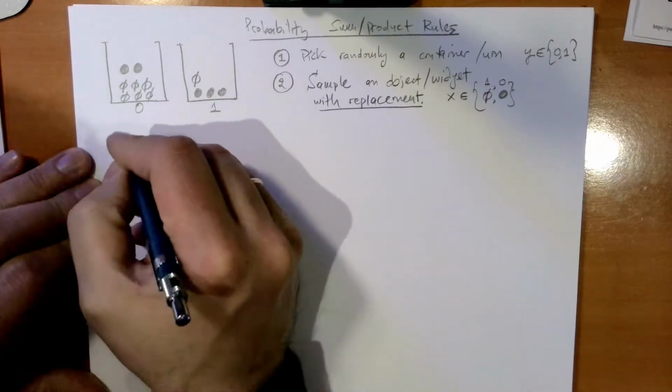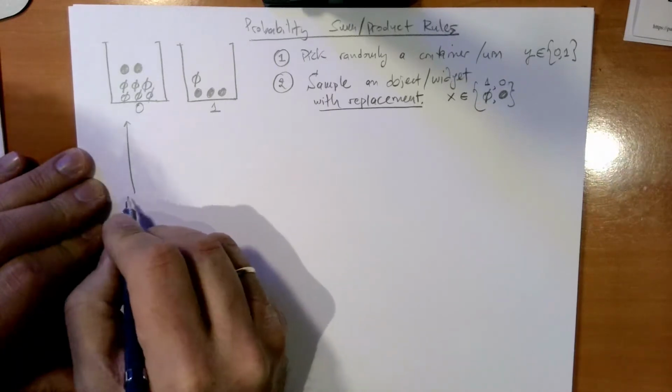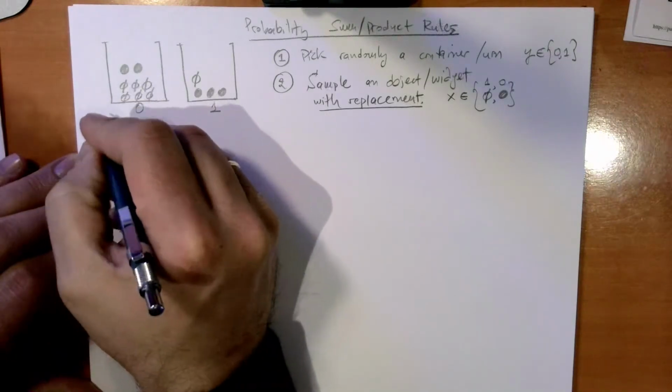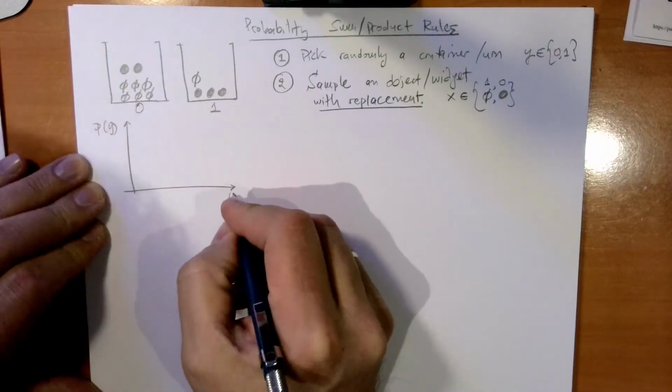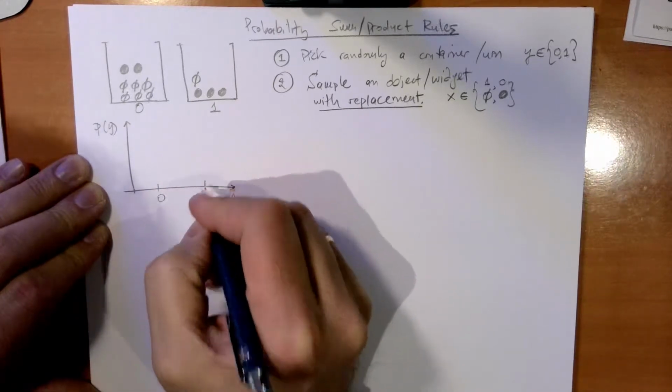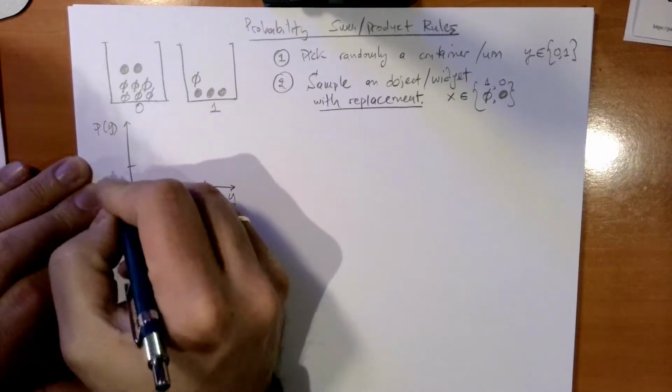So let's assume that someone gave you a probability distribution of y. Because y is discrete, you would expect a discrete probability distribution.